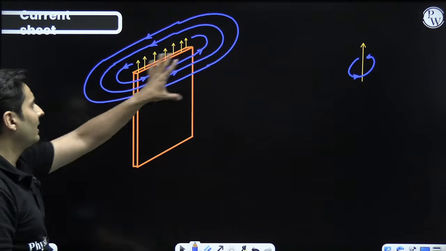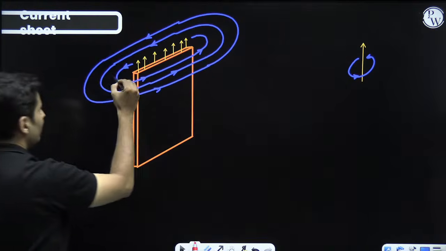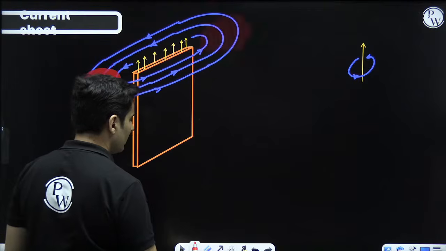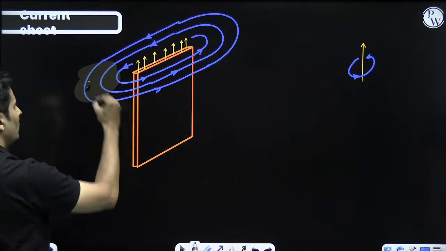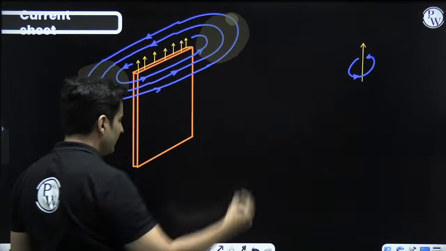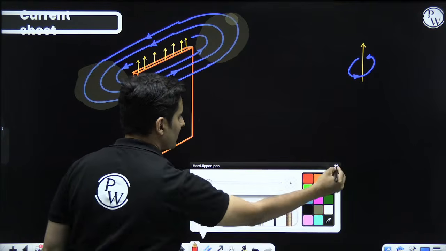We are not worried about the end effects. So at the end, whatever you are seeing over here and over here, these two places I'm not worried about so much right now. These end effects are called fringe effects.